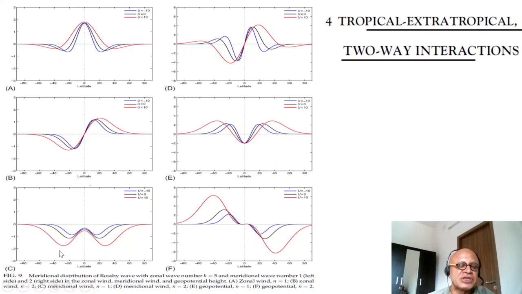So you can see the amplitude of the geopotential is larger for the westerly wind regime, and it obviously reaches out almost to the poles for both n equal 1 and n equal 2. And the latitudinal scales here are broader.